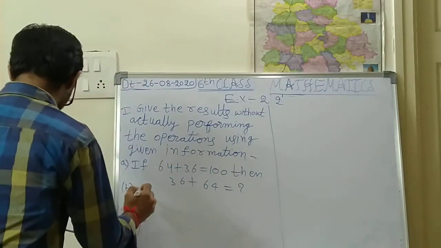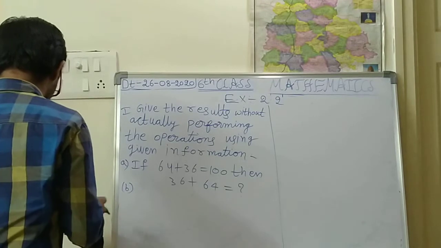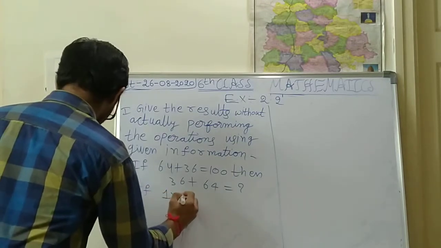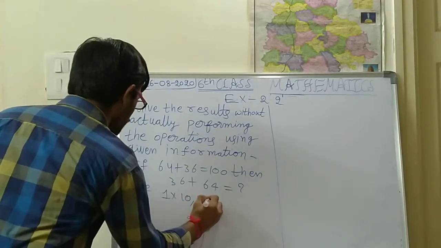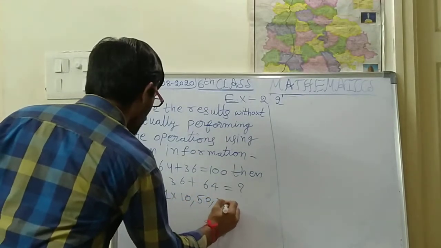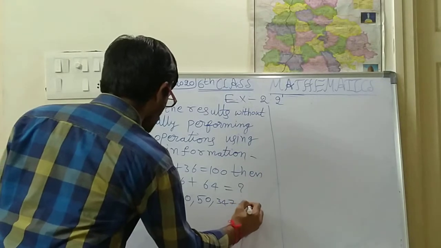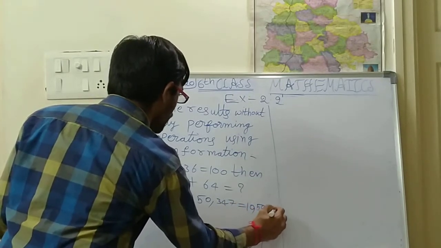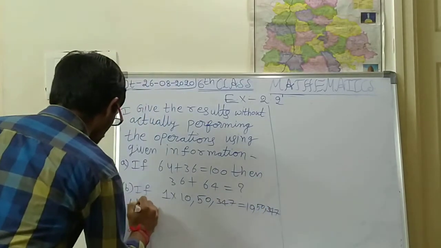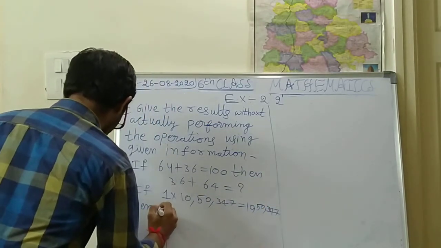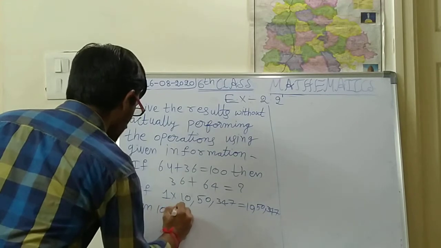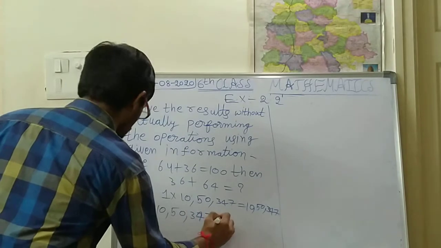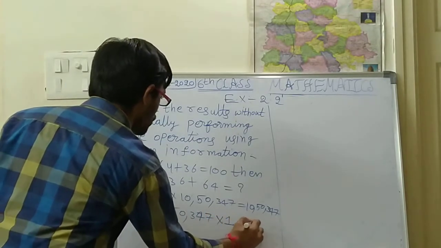B. If 1 into 10,50,347 is equal to 10,50,347, then 10,50,347 into 1 is equal to how much?